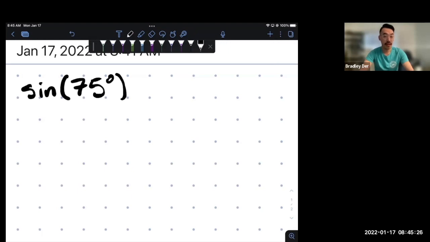I think you should definitely be able to tell me that it's somewhere between root 3/2 and 1, since 75 is between 60 degrees and 90 degrees. But what's the exact answer for that? Very simple question in the way it's written, complex in the answer.